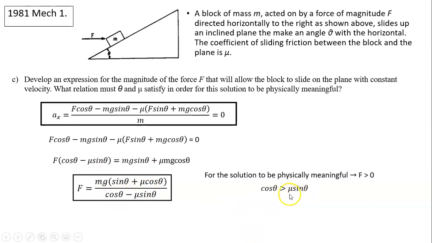Cosine theta has to be bigger than mu sine theta. This gives us mu has to be less than cotangent theta. And that is the answer for the relationship between theta and mu. This relationship has to be satisfied in order for the solution, this F, to be meaningful.